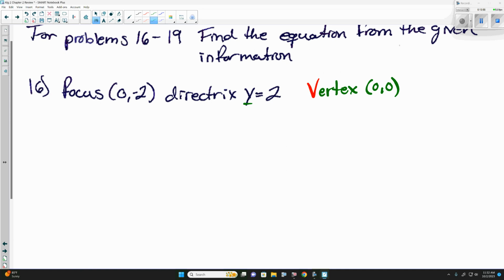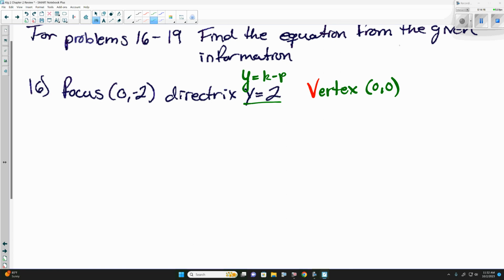Now the directrix, if you're given it, makes it a little bit easier to determine which equation we're using, because for our two forms, the directrix of one of them is y equals k minus p, and the other is x equals h minus p. Well, because this is y equals 2, it's matching up with our y equals k minus p.